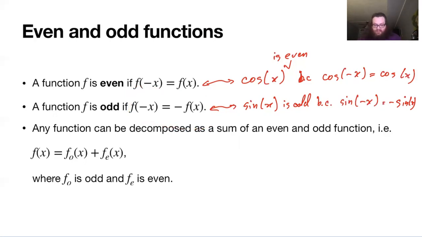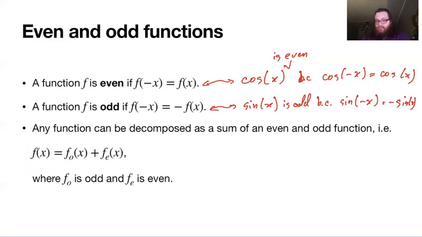Okay, so a neat little fact is that no matter what function you have, you can write it as a sum of an odd and an even function. Stated like that, you may have your thoughts about whether that's believable, but it's actually not terrible to write out. The claim is, it doesn't matter what this function is, you can write it as a sum of an odd function and an even function.